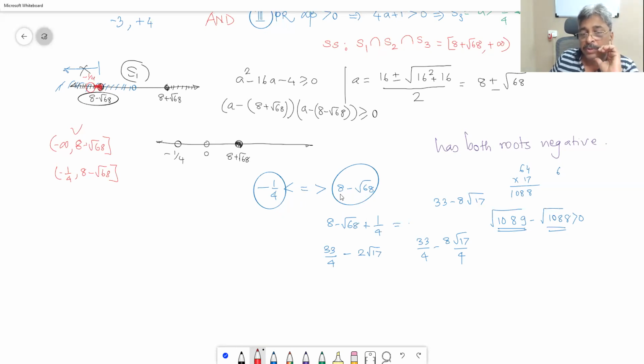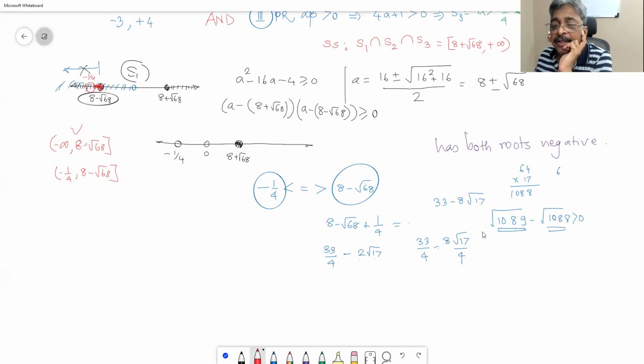Take the difference. 8 minus root 68 minus minus 1/4, that is plus 1/4, is equal to 33 by 4 minus 2 root 17, that is 33 by 4 minus 8 root 17 by 4. So the denominator is gone. Now compare the numerators. The square of 33 is 1089.